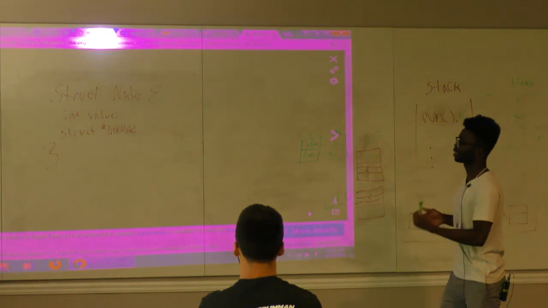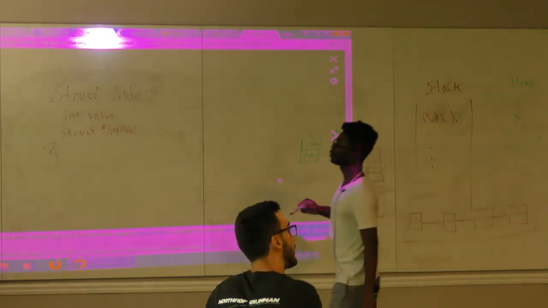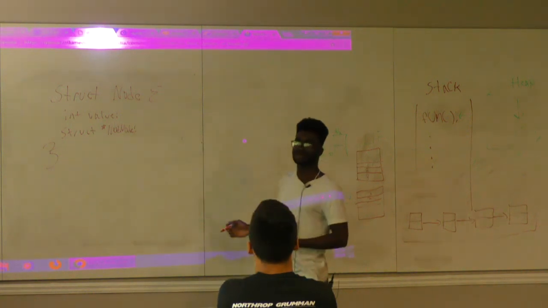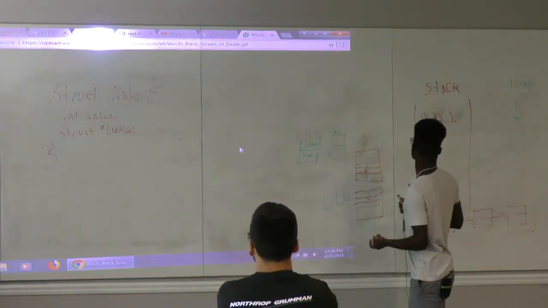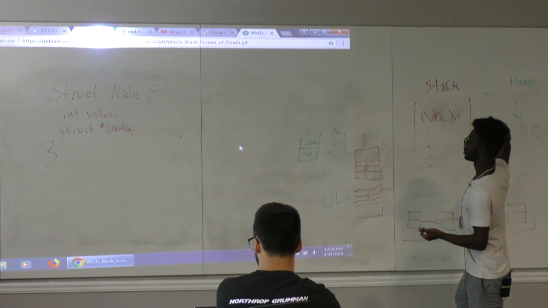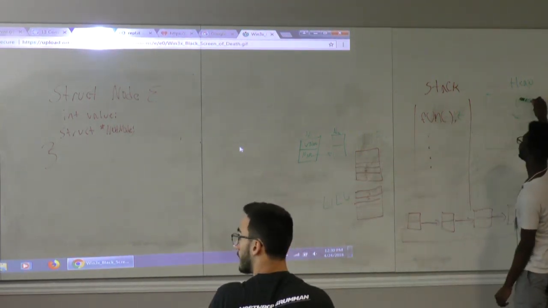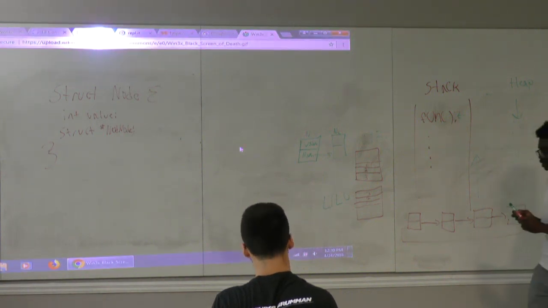When using dynamic memory allocation, what you're doing is you're saying, here's my struct, here's how much space I want to set my struct to. So that gets added to your heap. Whenever you do a dynamic memory allocation, that's something you add to the heap of your program.